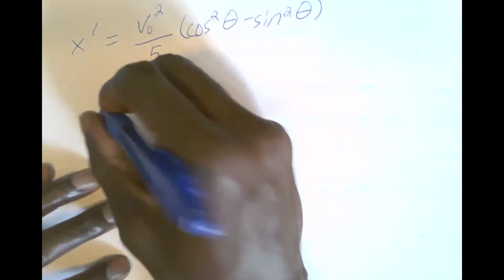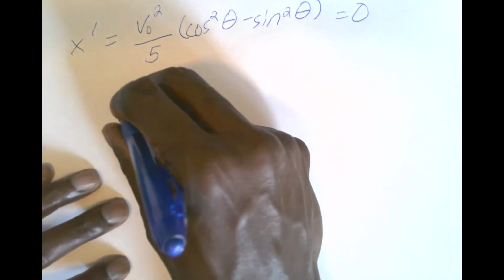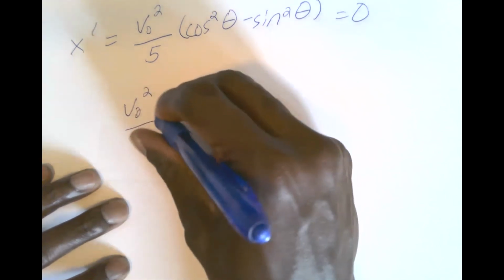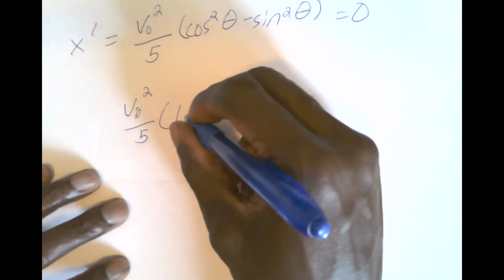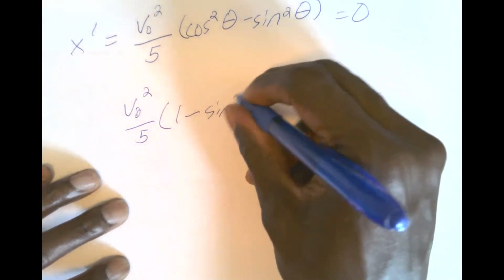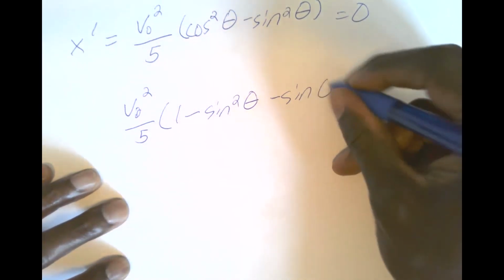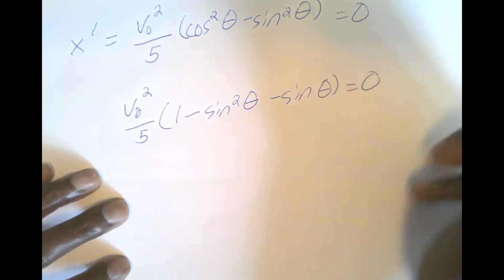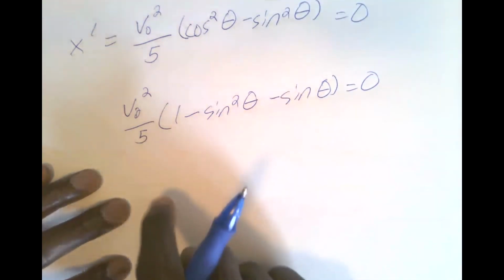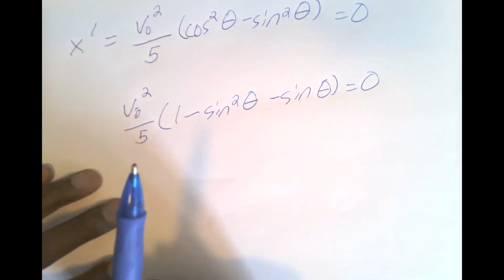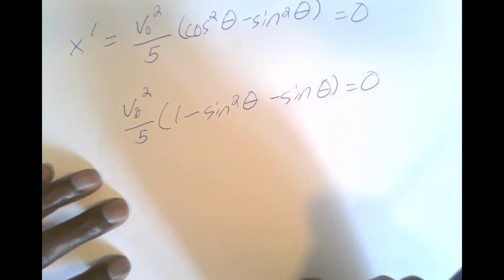So again, I'm going to rewrite, and we're saying it's equal to 0 and solving for theta. I'm going to rewrite cosine squared theta as 1 minus sine squared theta, minus sine squared theta equals 0. I'll multiply both sides by 5 over v naught squared. Again, that's a constant, so it would cancel out, and that would turn to 0.